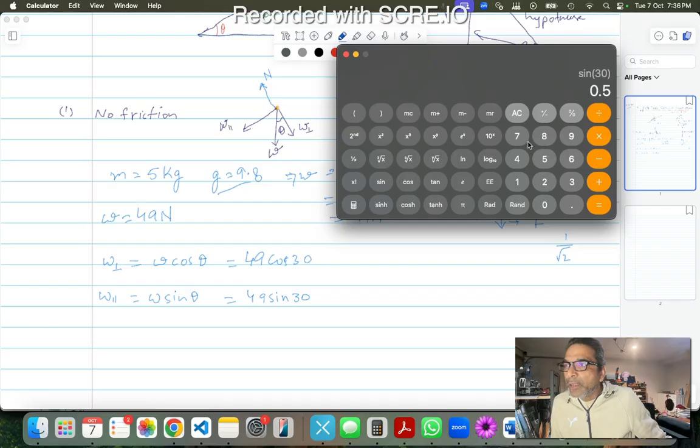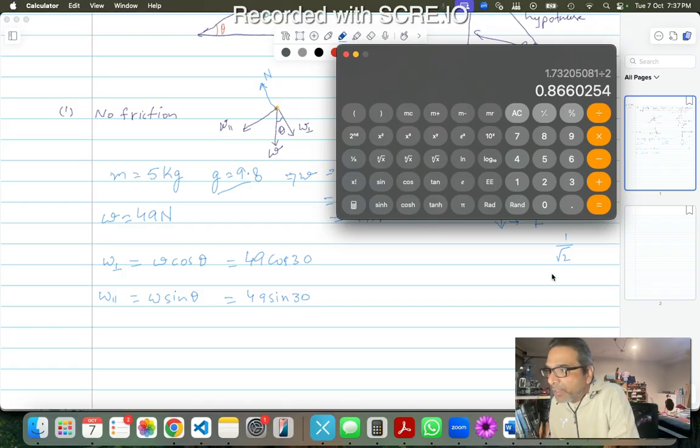And then cos 30 equals 0.866, which is root 3 divided by 2. Yes, cool. So I remember something, but not the full.